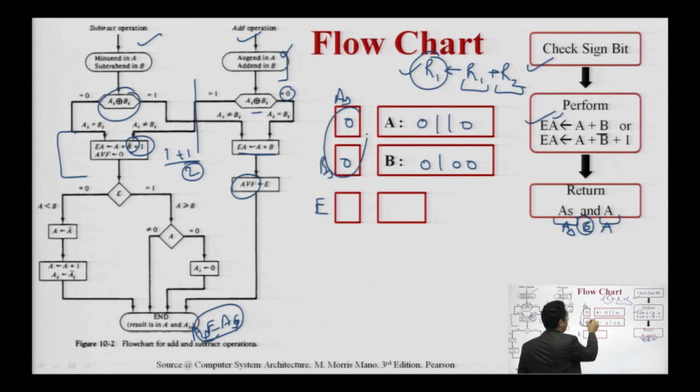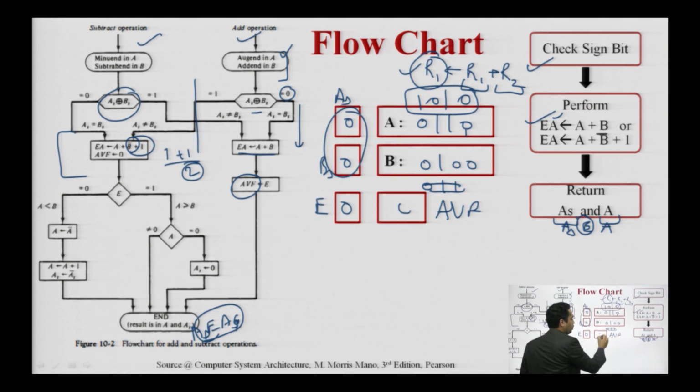Here the value is 0, 0, so we do this part, which is the addition operation. So add the numbers and the answer is 0, 1, 0, 1. This is a 4-bit register and the answer is in 4 bits, meaning no carry is generated, so E is also 0. So the answer is in AS, A, and the sign is 0.